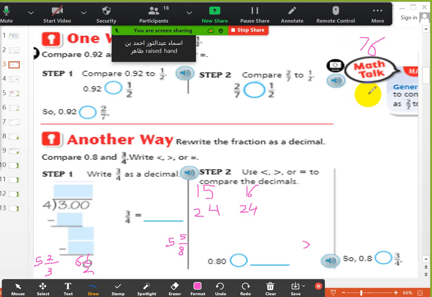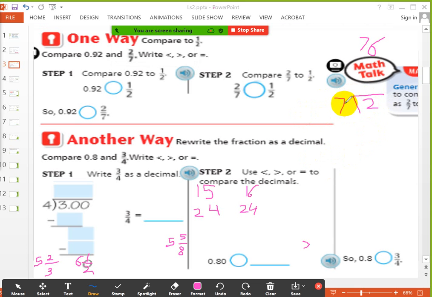Because if you divide 2 by 7 to write it as a decimal, the division gives an infinite decimal, a very long number.